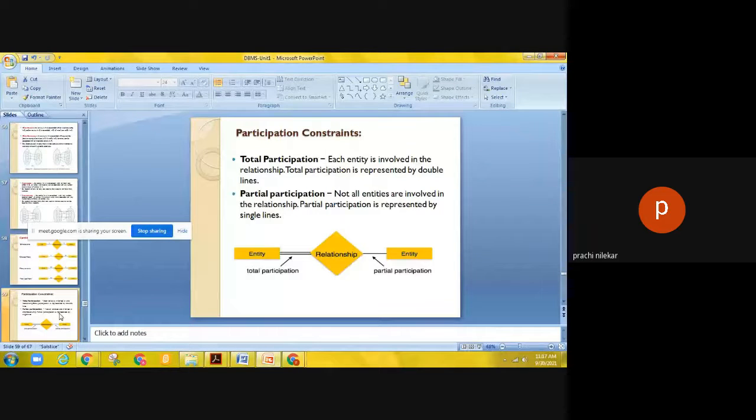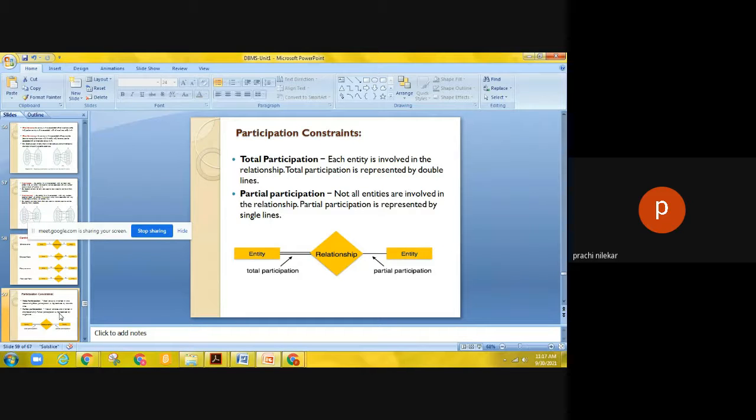Now come to the next point, participation constraint. Constraints, as we already saw, are the rules and regulations. According to the entity, the participations are categorized into two parts: total participation and partial participation. Now listen carefully.